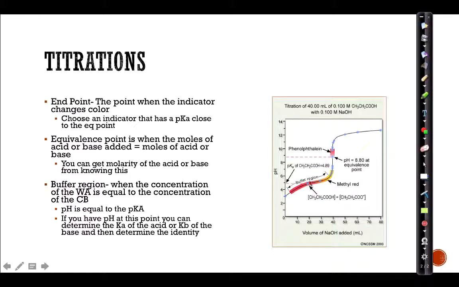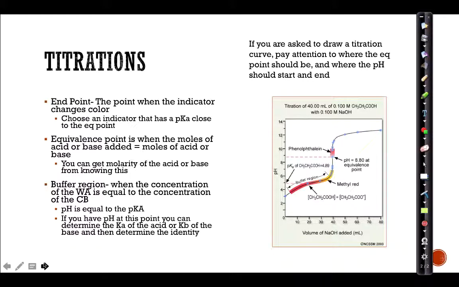So at this halfway equivalence point, I have a buffering region. So the concentration of my weak acid is equal to the concentration of my conjugate base, and then my pH is going to be equal to my pKa.